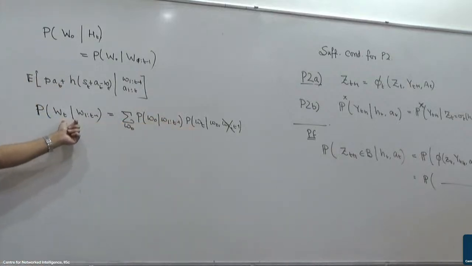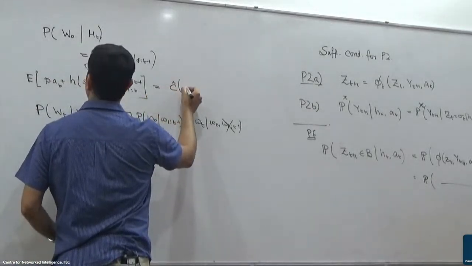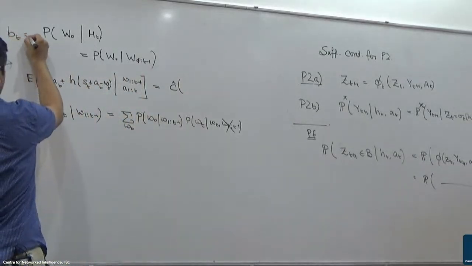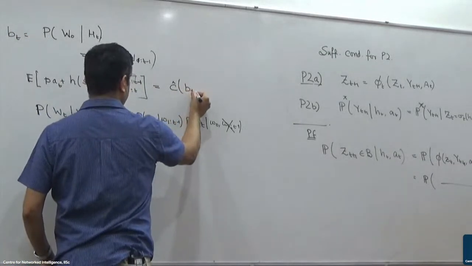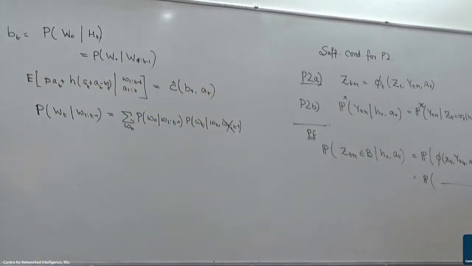So, this is going to end up being some function of, let us call this guy belief at time t, of the belief at time t and the action at time t. So, this satisfies P1.